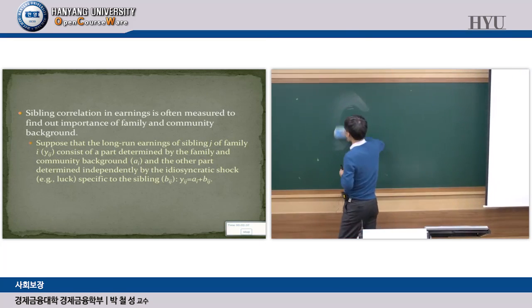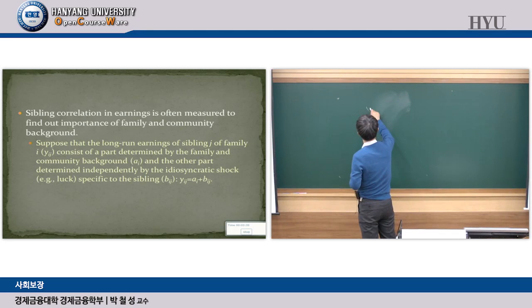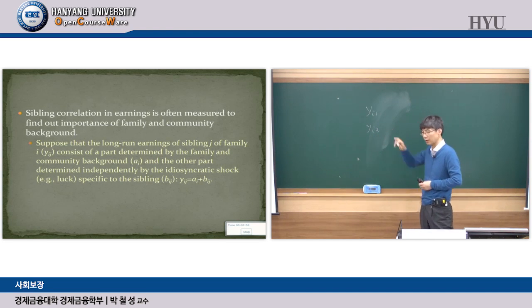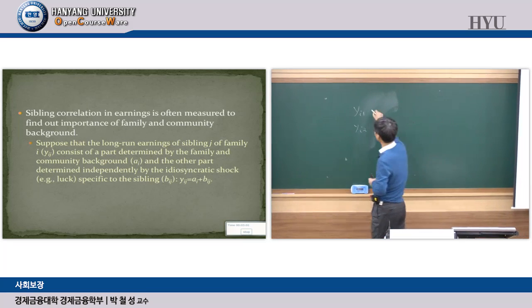It should be Yi1, Yi2. The first subscript is the family, and the second subscript is the sibling. So Y11 is first family, first brother. Y12 is first family, second brother. Y21 is second family, first brother. Y22 is second family, second brother.